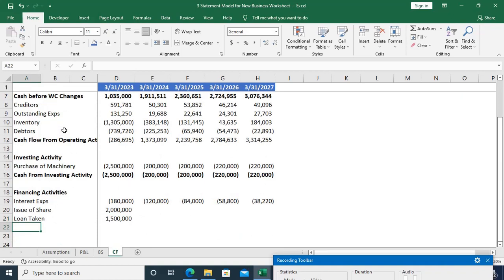Loan taken, this much only. After that we didn't take any loan, so we are not concerned about that. Now loan repaid, definitely we repaid loans. So these were the cash inflows. We took loan, we issued equity shares. These were the cash inflows. So this is in plus, interest expense, this is in minus. Now loan repaid.